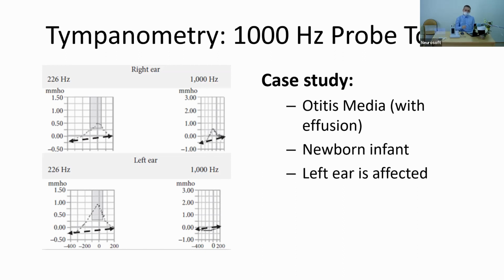But when you look at the results on the right-hand side, using the 1 kilohertz probe tone, you see that for the left ear, we have no peak. We have a flat response. And in this case, it was confirmed that the infant had otitis media with effusion in the left ear. So it's important to use this frequency in order to not miss the middle ear pathology in infants.